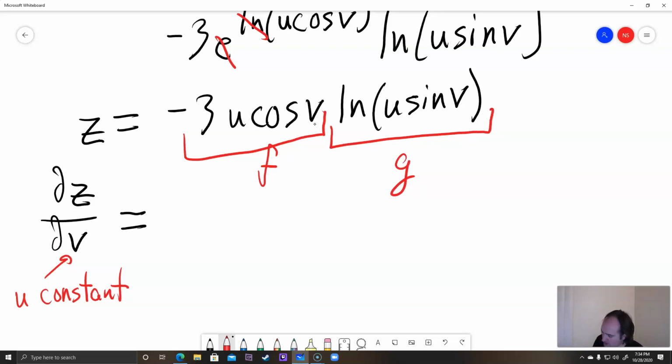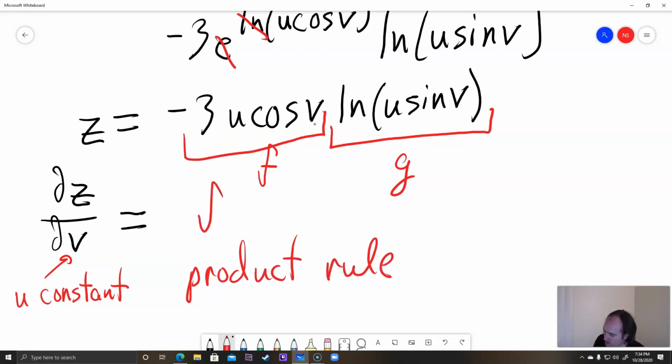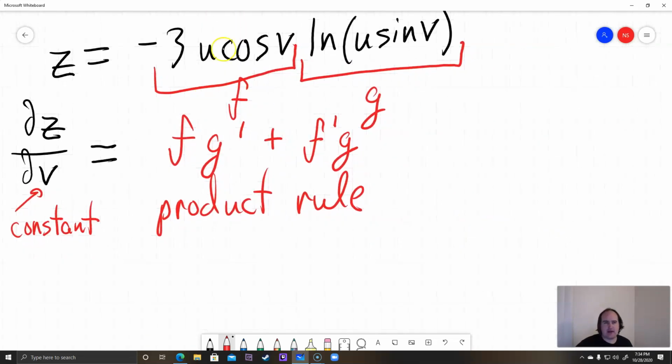The product rule says that you have the first thing times the derivative of the second thing, so that's going to be f g prime, plus the derivative of the first thing times the second thing, so plus f prime g. Okay, so for that we're going to have to calculate f prime and g prime. So here f is negative 3u cosine of v.